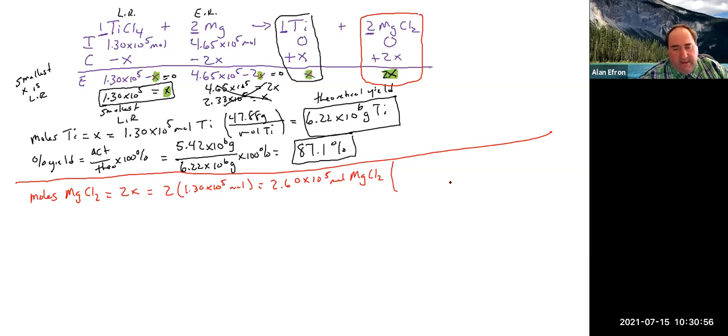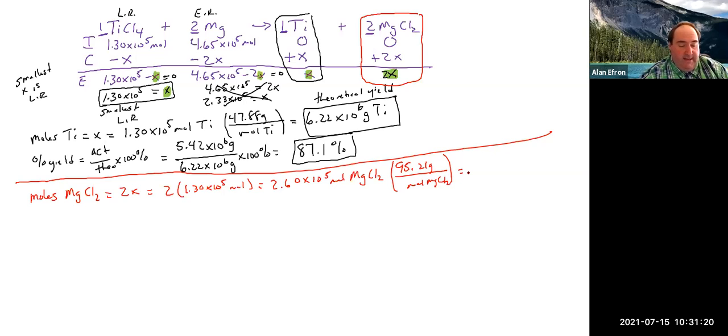If we look up the molar mass of magnesium chloride on the periodic table, it would be 24.31 plus 2 times 35.45 for our chlorines. We would find the molar mass of magnesium chloride as 95.21 grams per mole.